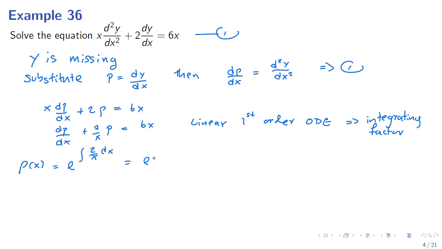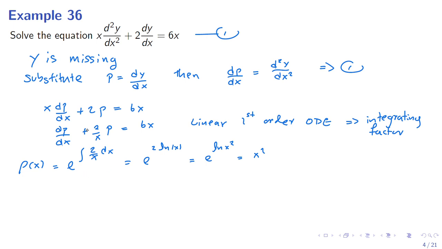If we integrate it, we will get e to the 2 ln of x, which we can write down as e to the ln of x squared, or x squared. Our integrating factor is x squared.